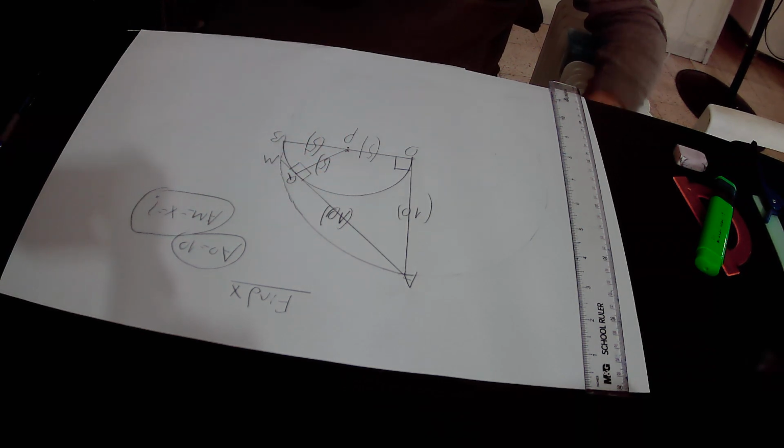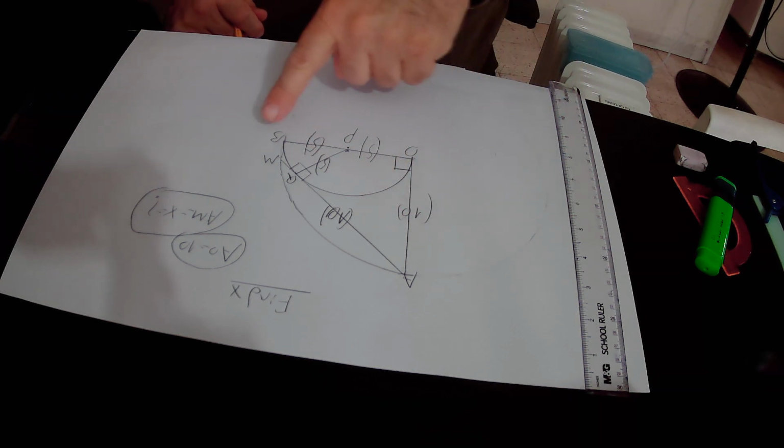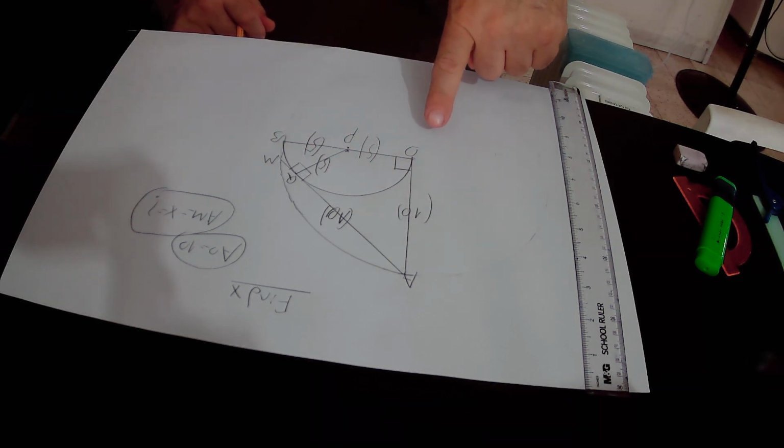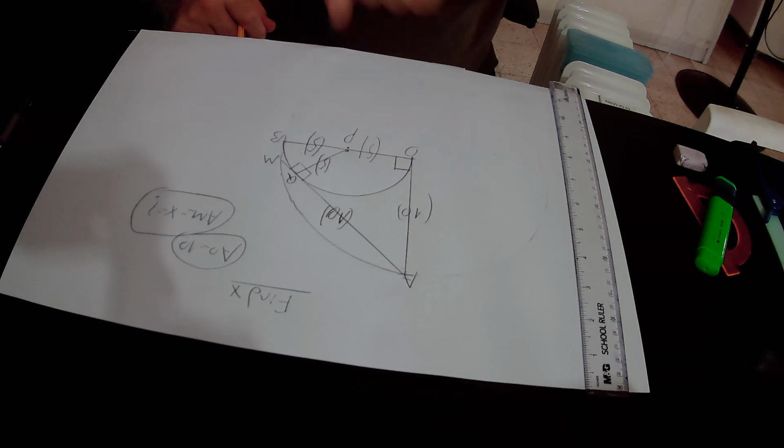In the next step, we will extend the tangent AM and also extend side OB by a straight line until they touch each other.